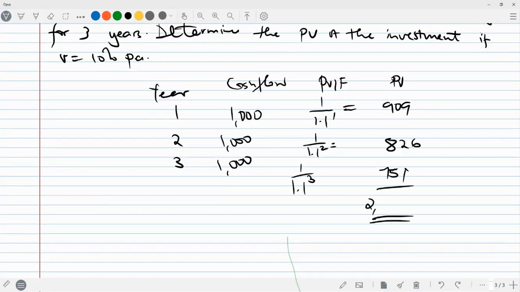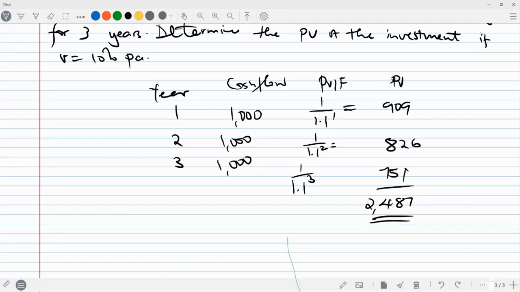The total is 2487. Therefore, the present value of the 1,000 you are receiving every year for the next 3 years is 2487. Clear?